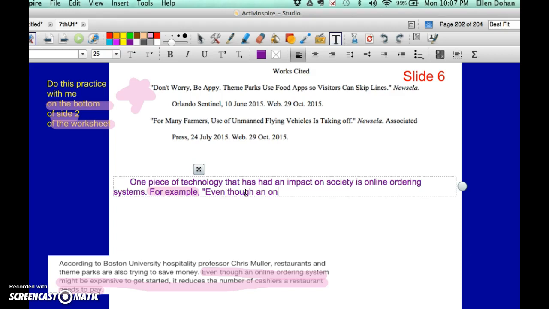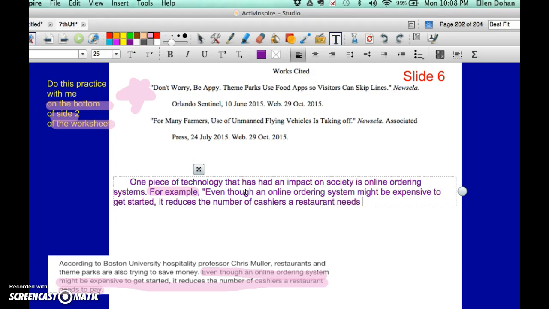Even though an online ordering system might be expensive to get started, and I see a comma, so I'm going to add that. It reduces the number of cashiers. I'm going to spell that correctly. C-A-S-H-I-E-R-S. Okay. A restaurant needs to pay. All right. So I've included this quote.